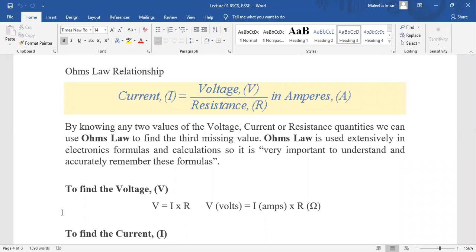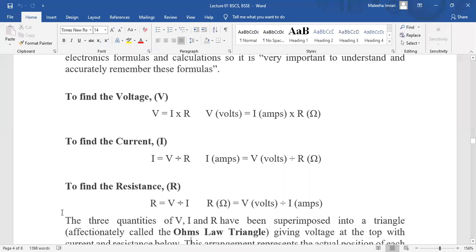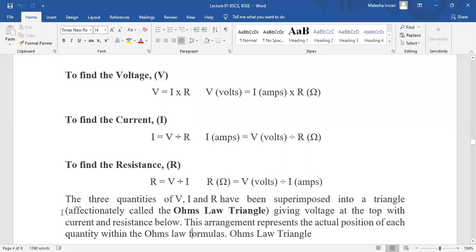V represents the voltage, I represents the current, and R represents the resistance, where the unit of the voltage is volt, the current is measured in amperes, and the resistance is measured in ohm. Similarly, you can write I is equal to V by R and R is equal to V by I. So here we have an Ohm's law triangle जो last time हमने आपको बताई थी कि Ohm's law triangle की मदद से आप किस तरह different quantities जो हैं उनको आप find out करते हो.